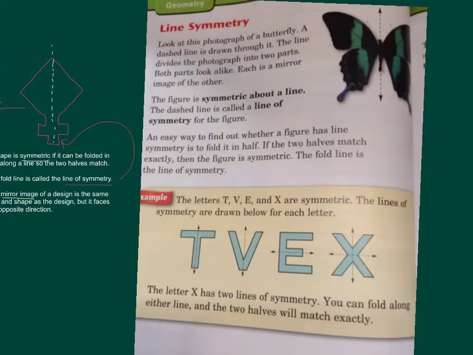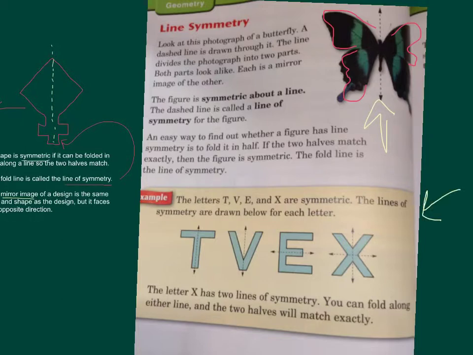A butterfly has a line of symmetry because once the butterfly folds in half, this one side matches up with this side. So our line of symmetry is right there. The examples they give us in the textbook are letters.